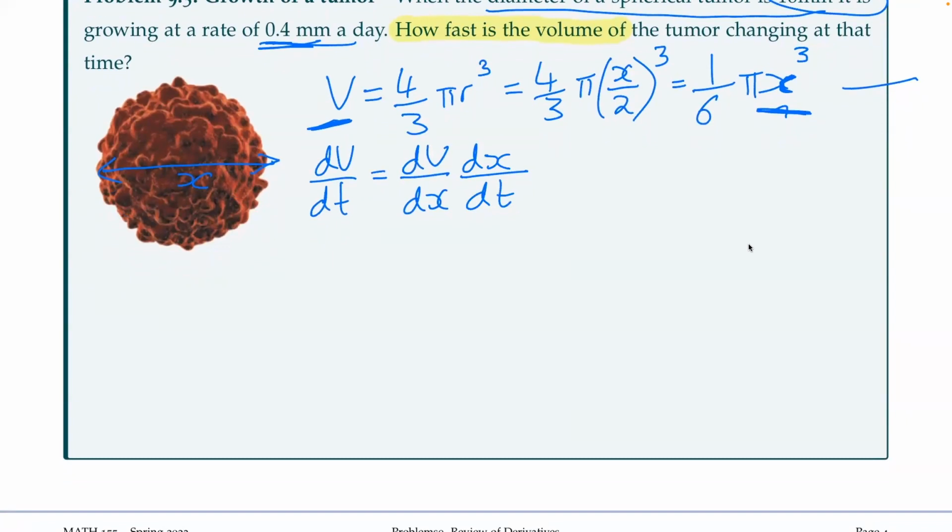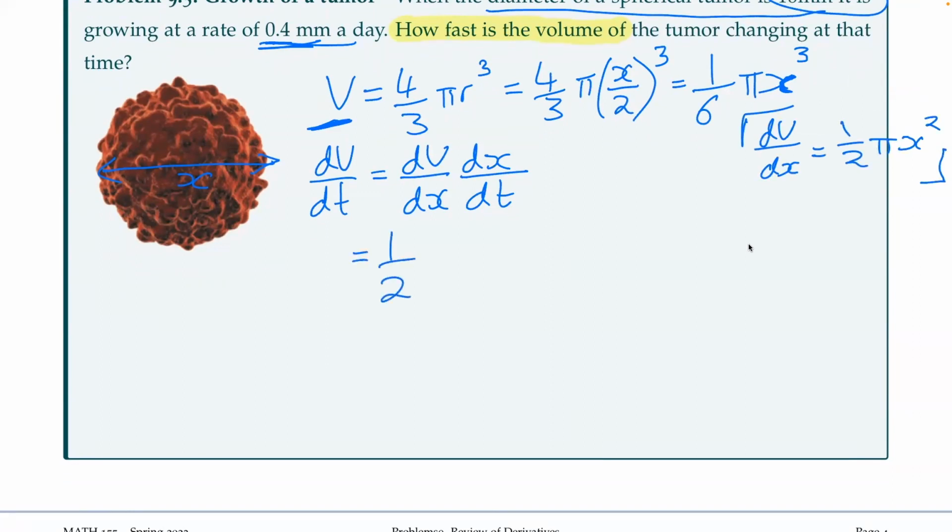So what do we have? We are going to have dV/dx. Let's work out our dV/dx first of all. dV/dx, let's put it over here. dV/dx is going to equal, the 3 comes up front, so we're going to have 3 over 6. That's going to go to a half pi x squared.